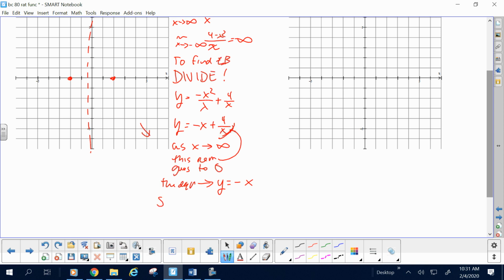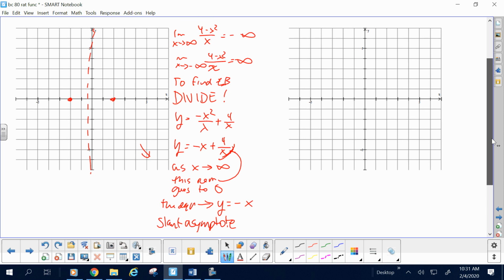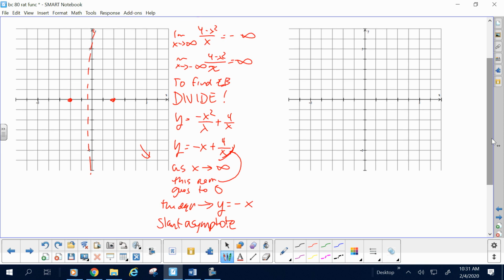This is called a slant asymptote. And it goes a little something like this. If you graph y equals negative x, the graph is going to follow that guy as x gets infinitely large.